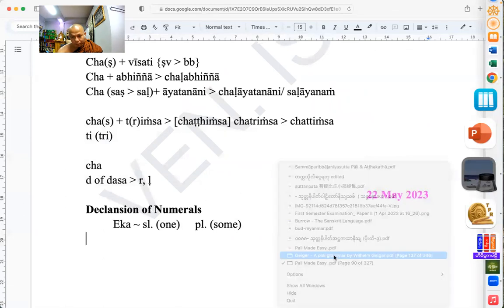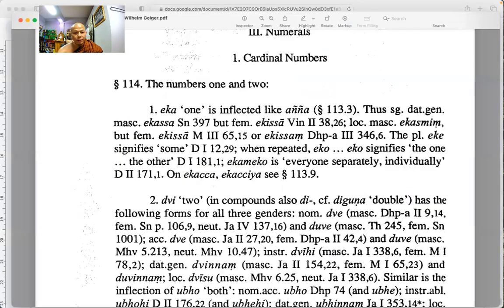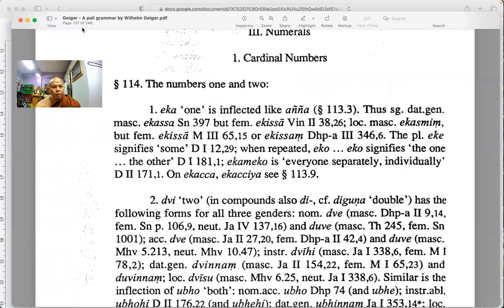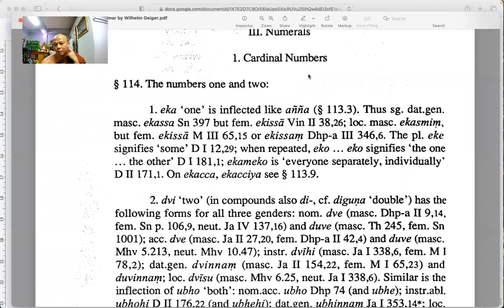Geiger's grammar says about cardinal numbers one and two that eka is inflected like sabba. Sabba and ya are mostly the same. Now, singular dative and genitive masculine is ekassa, which is also yassa.